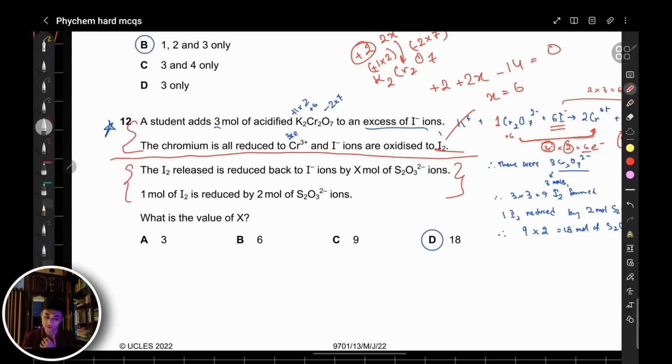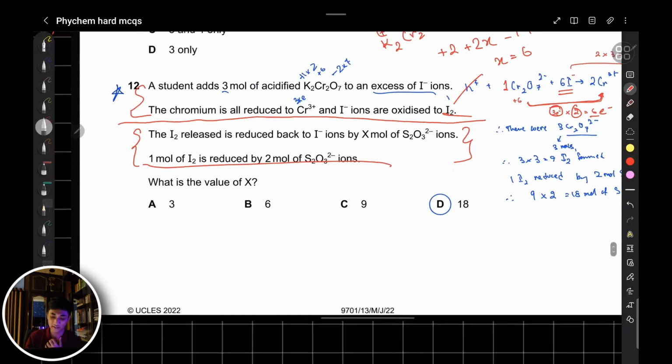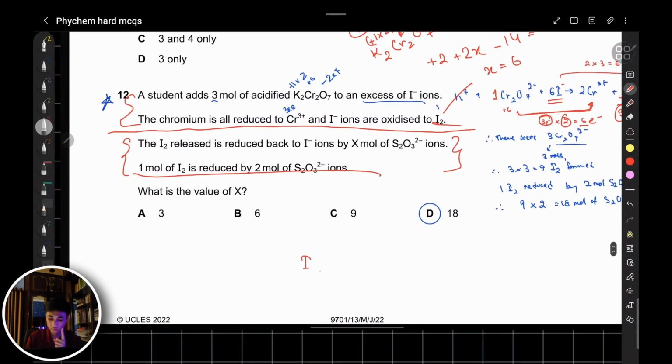So they've already mentioned, focus on this part, that 1 mole of I2 is reduced by 2 mole of S2O3, and it's going to give you 2I minus.